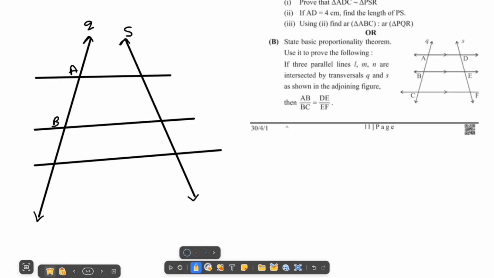This is A, B, C, D, E, F. Now these are L, M, N. So these are parallel lines.